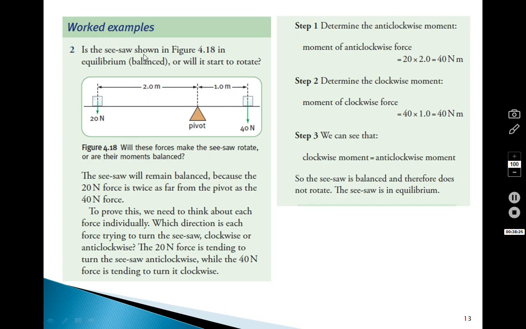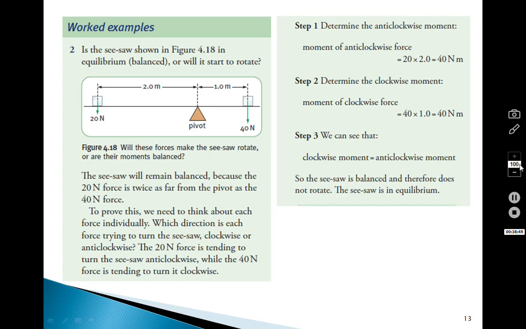So in the seesaw shown in figure 18, is it in equilibrium? Equilibrium means balanced, or will it start to rotate? So the question is, is the seesaw balanced, or does it start to rotate?